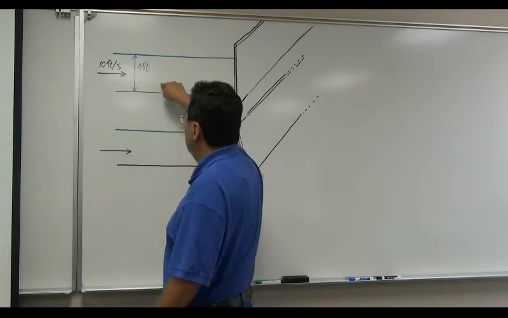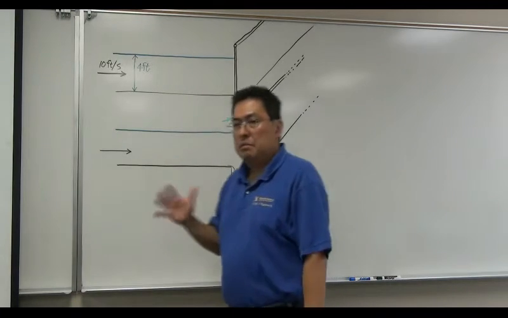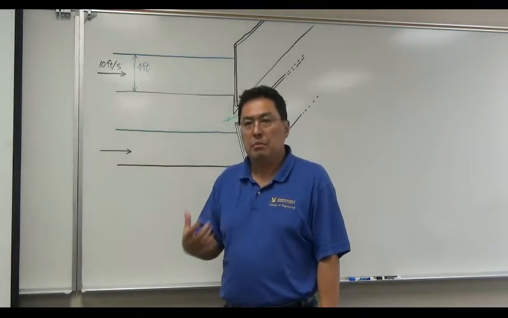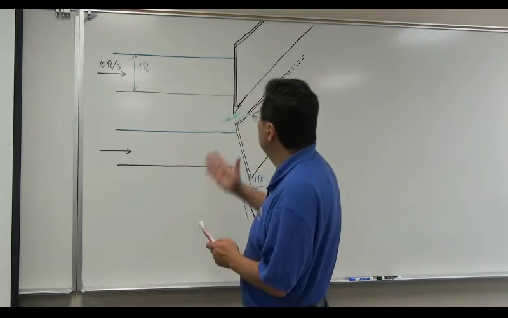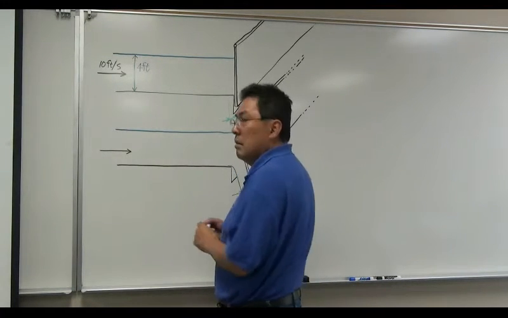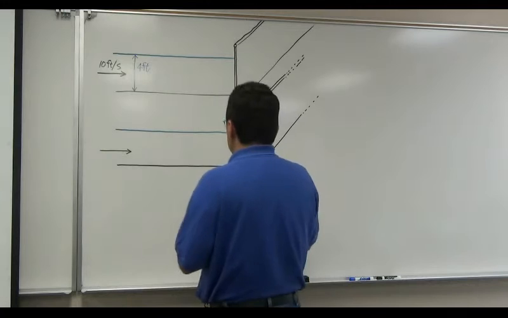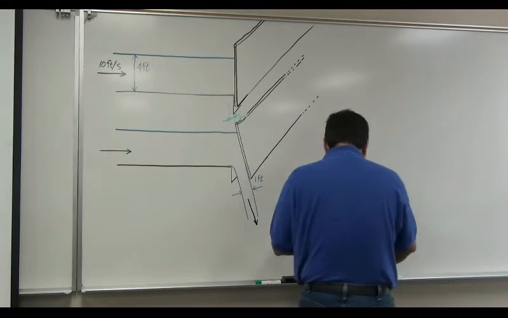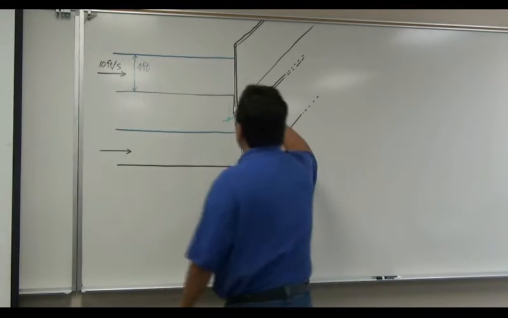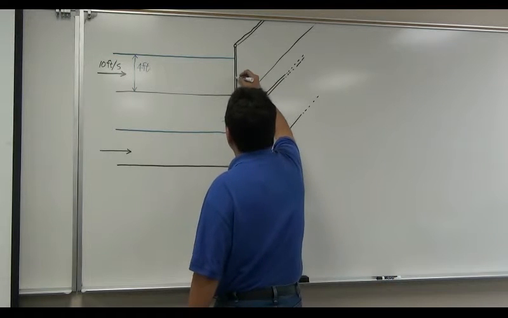Okay? As a result, let's remember what we did in Unit B4. As a result, hydrostatic resultant force is going to be developed. Okay? So here we go. We are going to remember what we did.